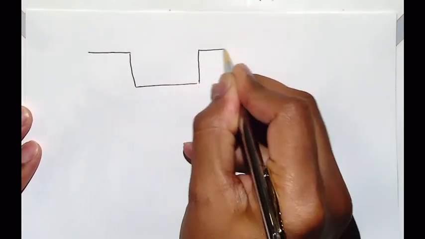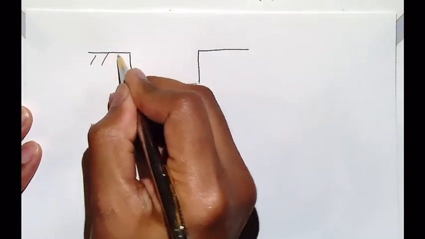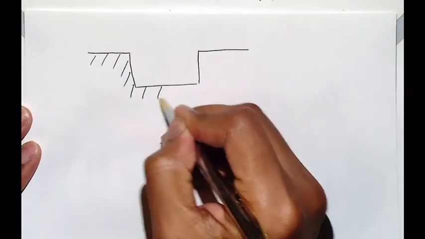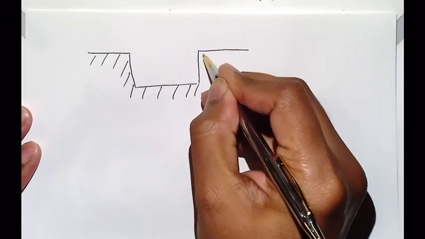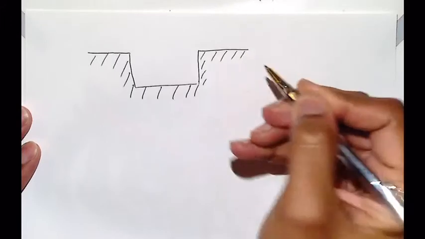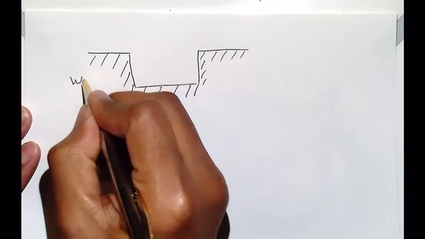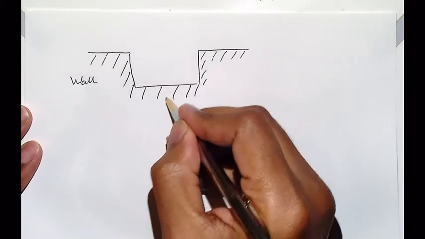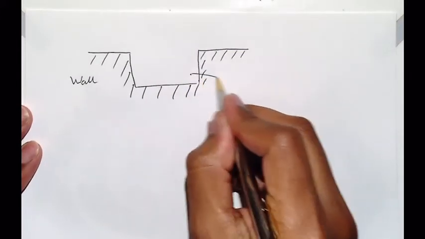So what I'm drawing right now is actually one of the very popular test cases for making sure that your code works as it should. Okay, so you have a wall, and you can see what I'm doing. All right. And this is a cavity.